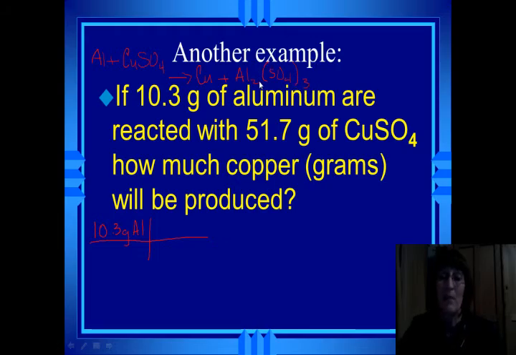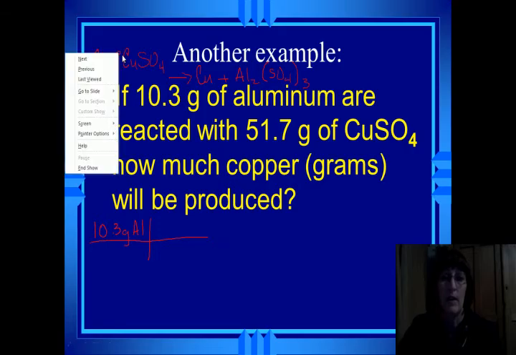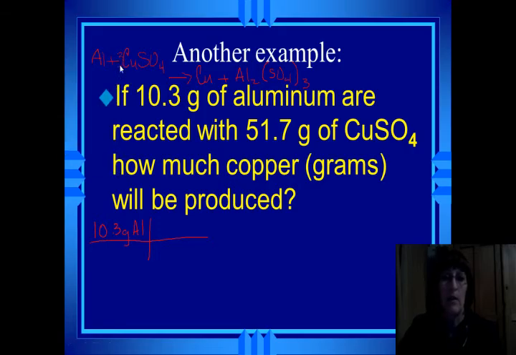And then I have to balance my equation. So let's start off, let's put a 3 over here. So 3 coppers, 3 sulfates, and looks like a 2 right here. Is that right? 2 aluminums, 3 coppers, 3 sulfates, 3 sulfates.